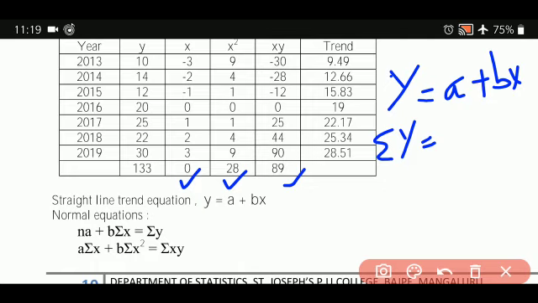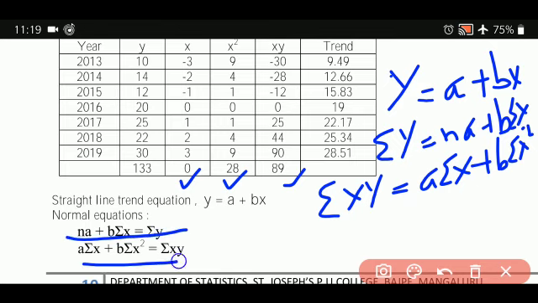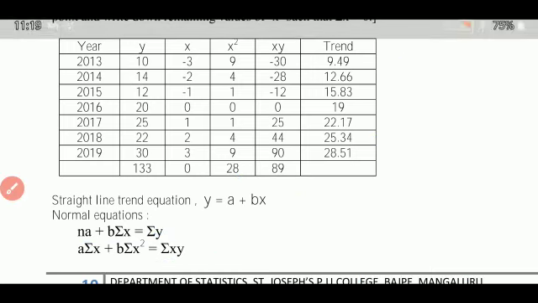This a changes to na and b becomes b summation x. This is one equation. The second normal equation will be summation xy equals a summation x plus b summation x square. There are two constants, so you will have two normal equations. So these are the two normal equations.